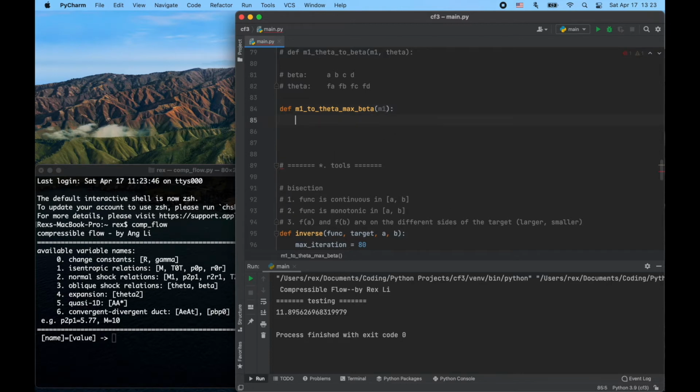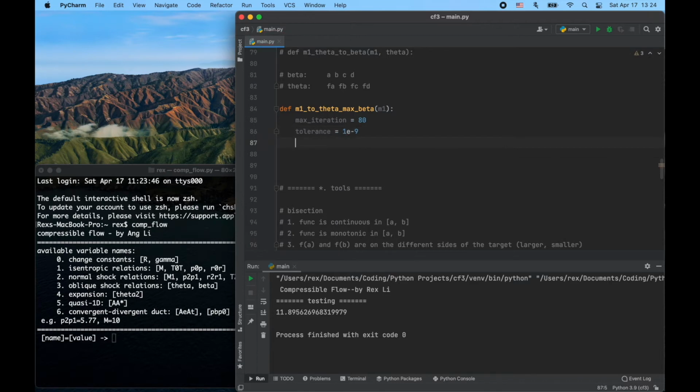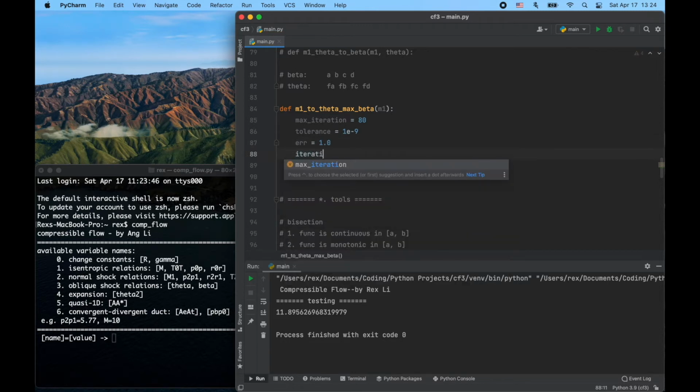We are going to have similar variables, so I give it a maximum iteration of 80. Tolerance can be small, like 1e-9. Current error to be 1.0. Current iteration number is 0.